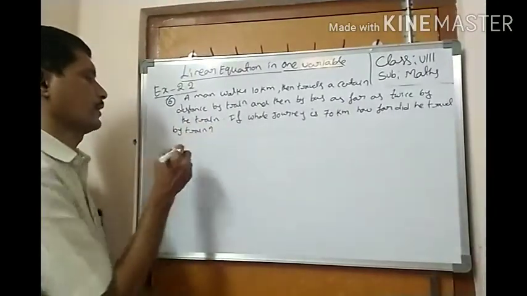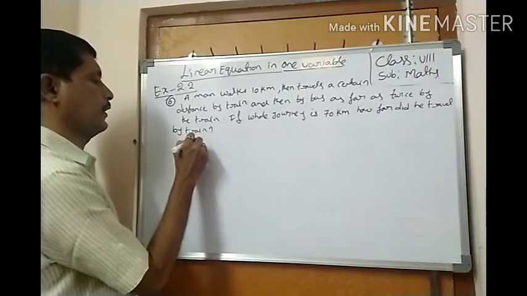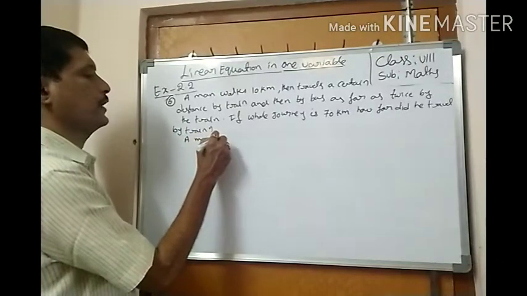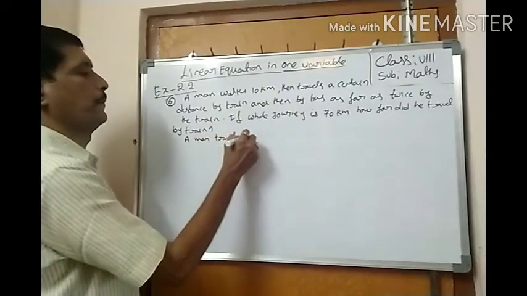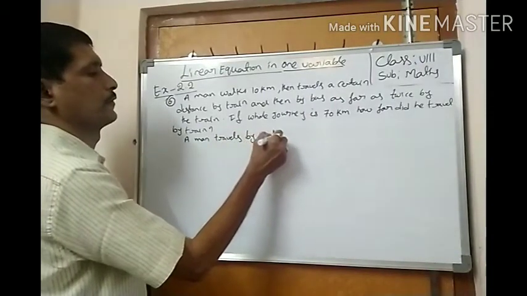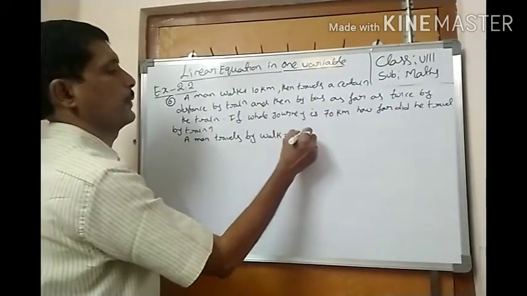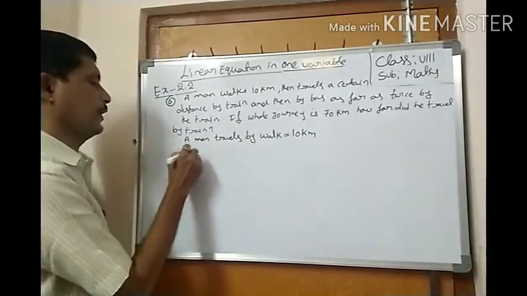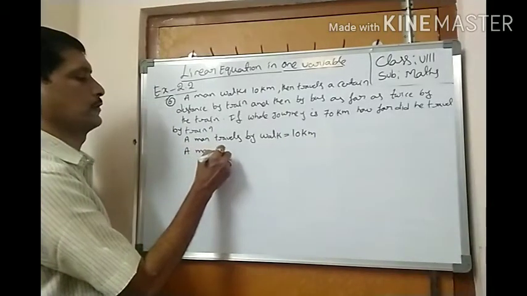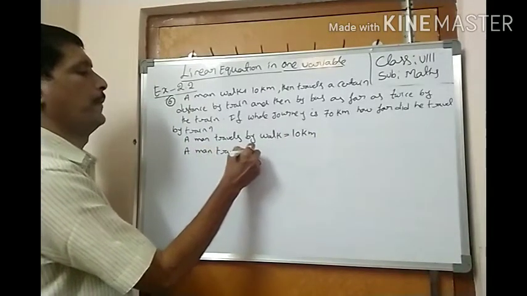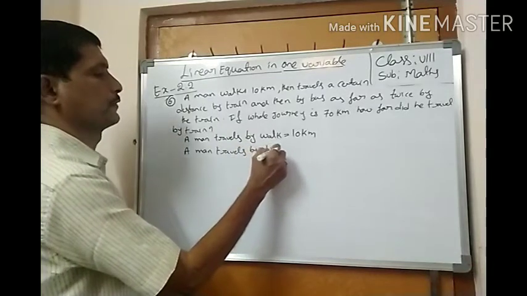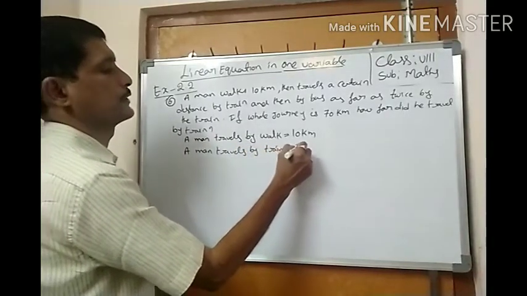Therefore, a man travels by walk, that is equal to 10 kilometers. A man travels by train, that is equal to x kilometers.